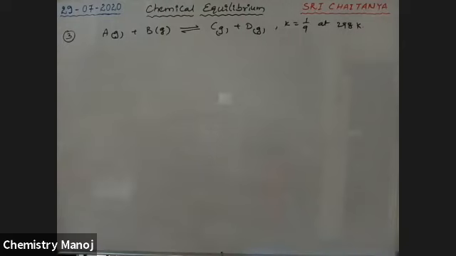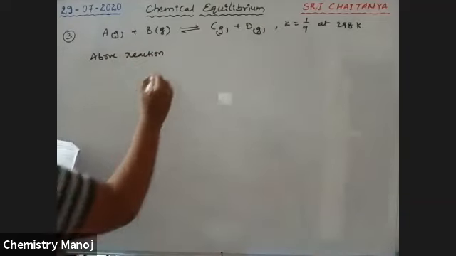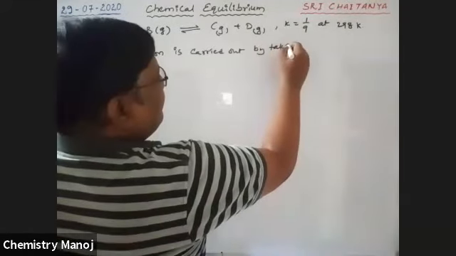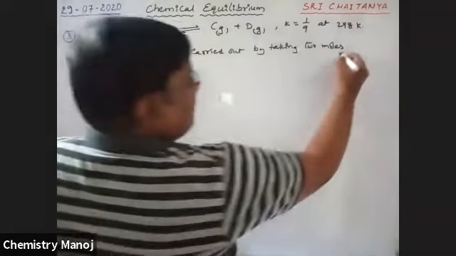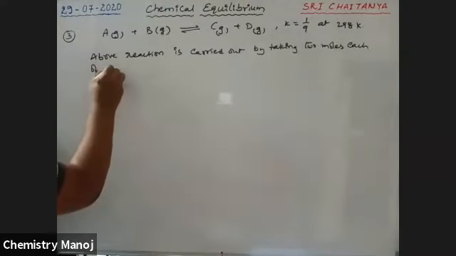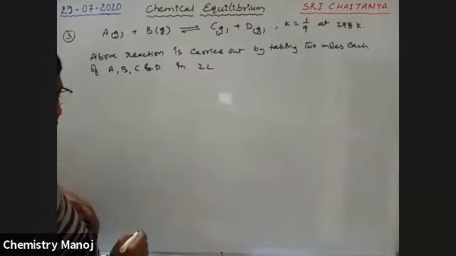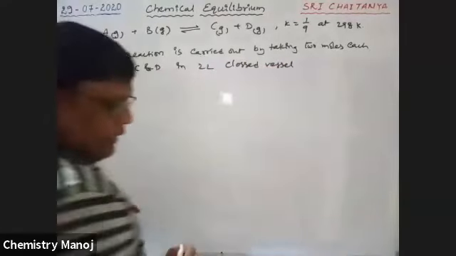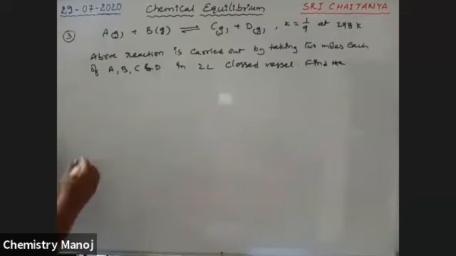At 298 Kelvin, the above reaction is carried out by taking 2 moles each of A, B, C and D in a 2 liter closed vessel.